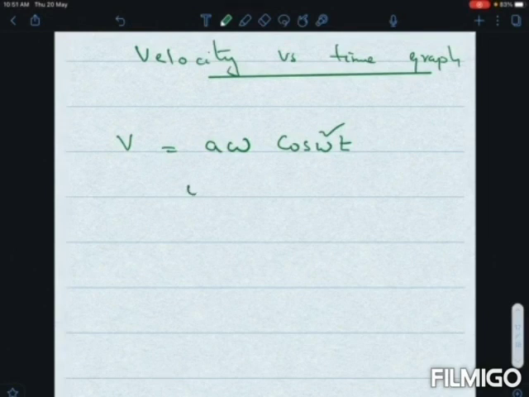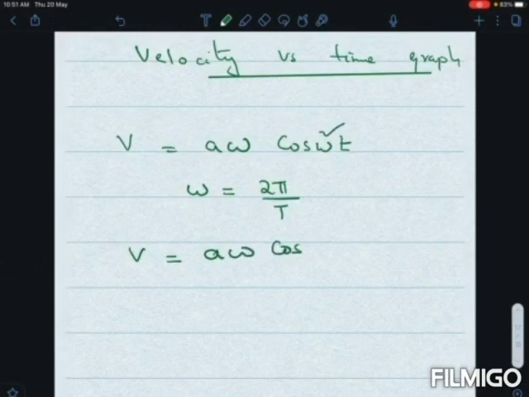So omega, as we saw earlier, is nothing but 2 pi by T. So what will your V be equal to? V is equal to a omega cos 2 pi by T into t.